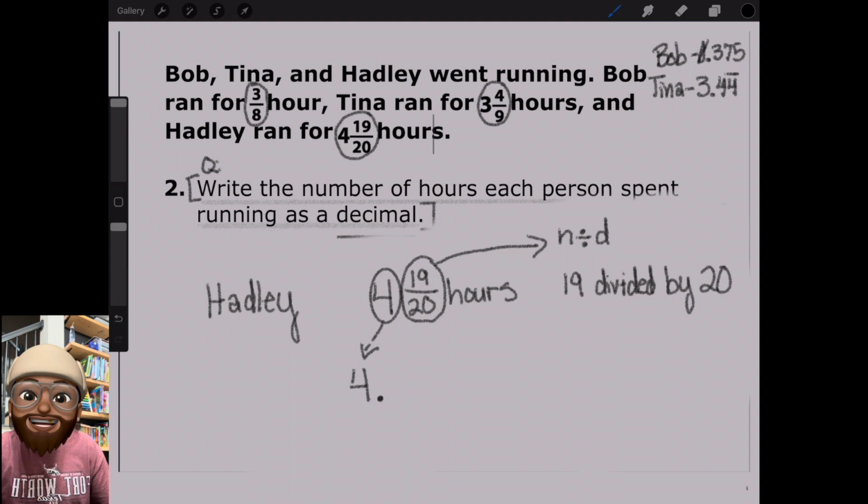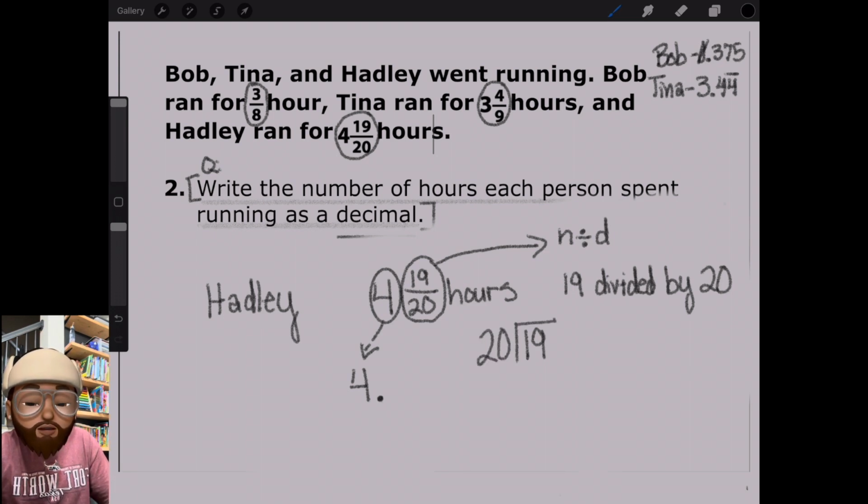All right, let's get started. So, we have 19 here. We're going to divide this by 20. And so, how many times can 20 go into 19? 0 times, right? So let's add the decimal and the 0.